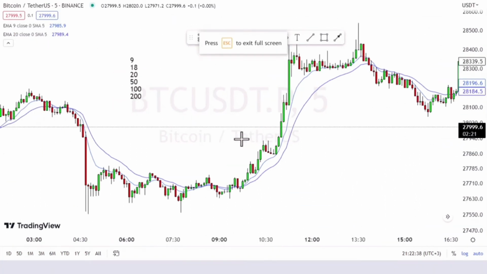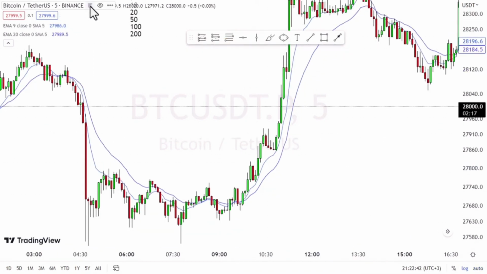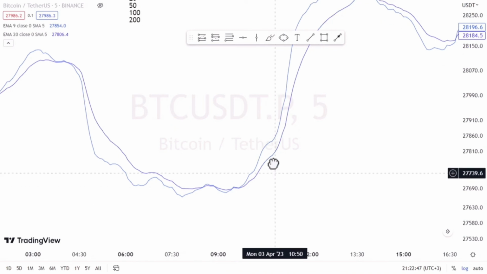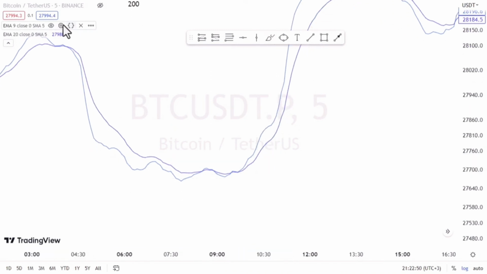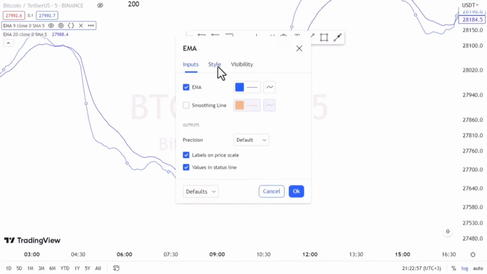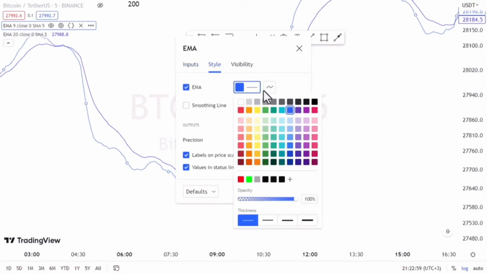People used to wait for a cross. Let me just remove the candles for a moment. Like here, occurring here. Let me change the colors for the shorter, or smaller, EMA. You can go to the styles, change the color and the thickness. It is really simple. I talked about this previously in another session, but let's change the color to orange.